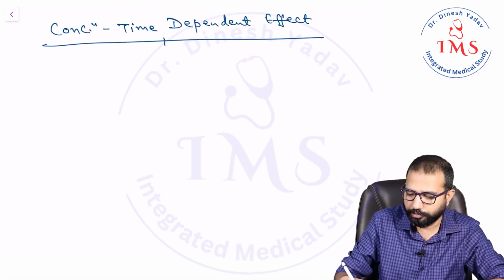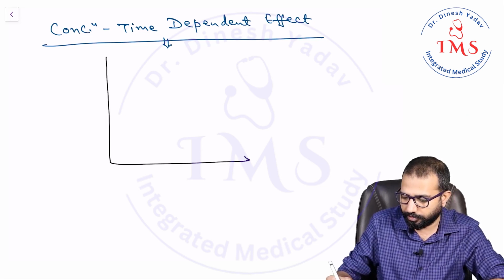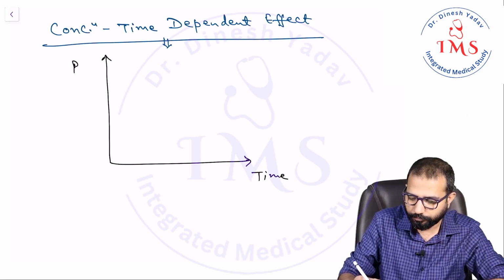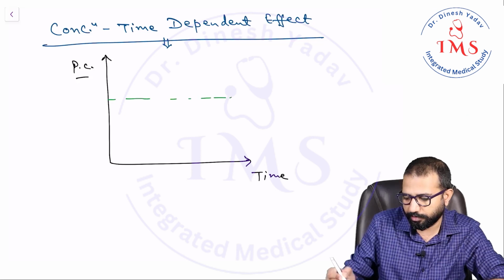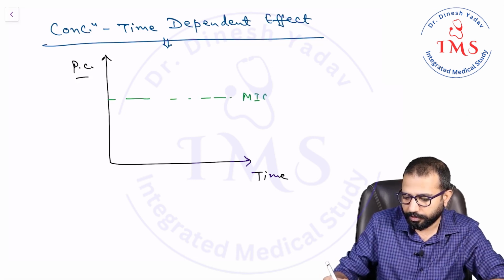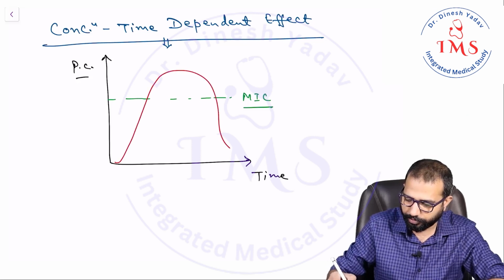In this, again, time and plasma concentration are the axes. Crossing the MIC level, this is the MIC, minimum inhibitory concentration.